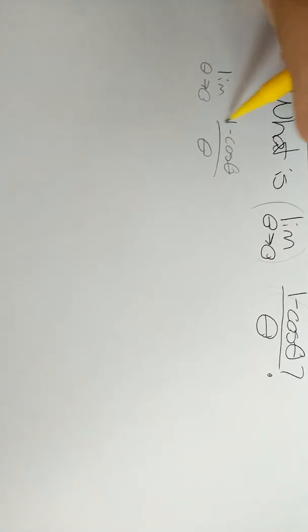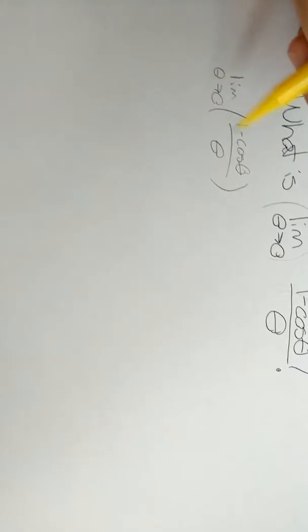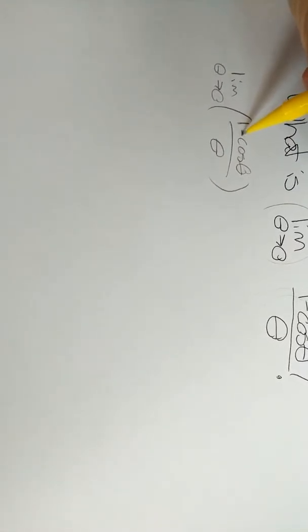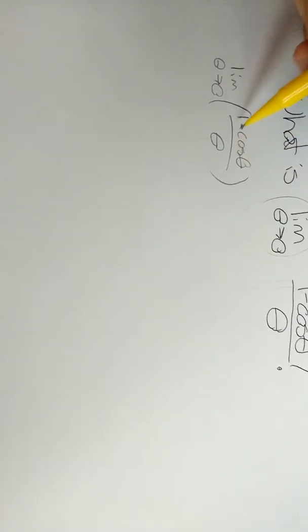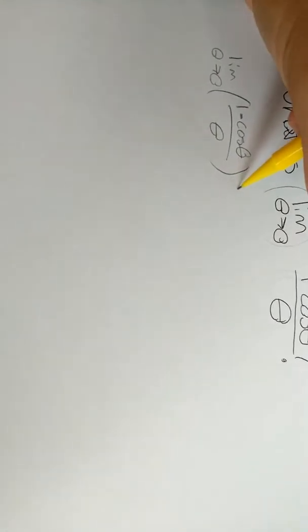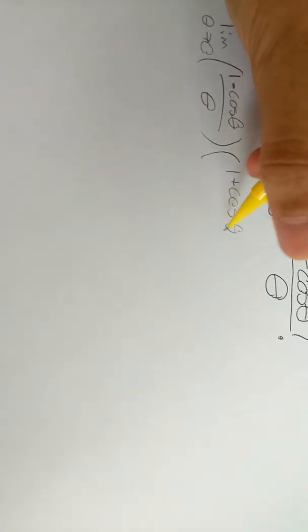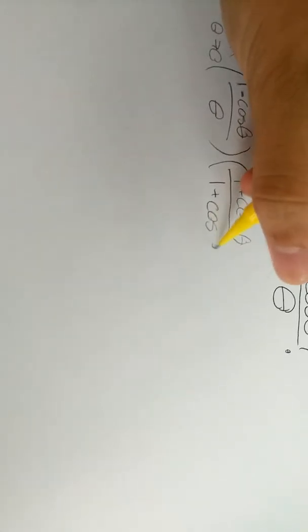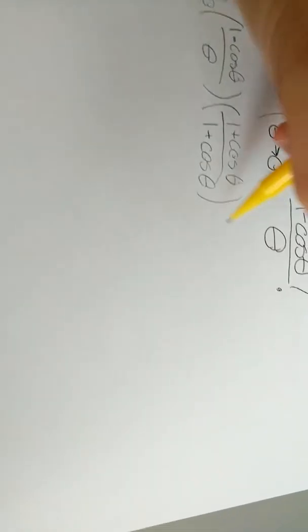Now what I'm going to do here is, I don't really like having 1 minus cosine theta, so I'm going to multiply by the conjugate. The conjugate of 1 minus cosine theta would be 1 plus cosine theta. And to make sure that I don't change what this is equal to, I'm going to divide by 1 plus cosine theta, so I'm essentially multiplying by 1.